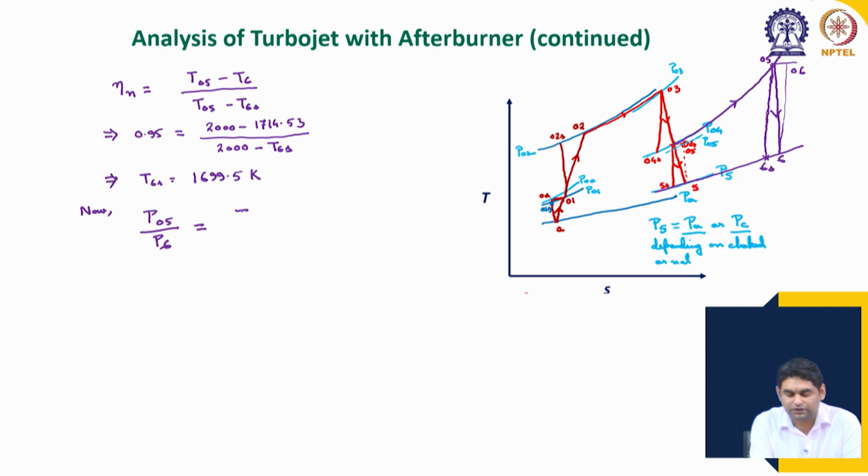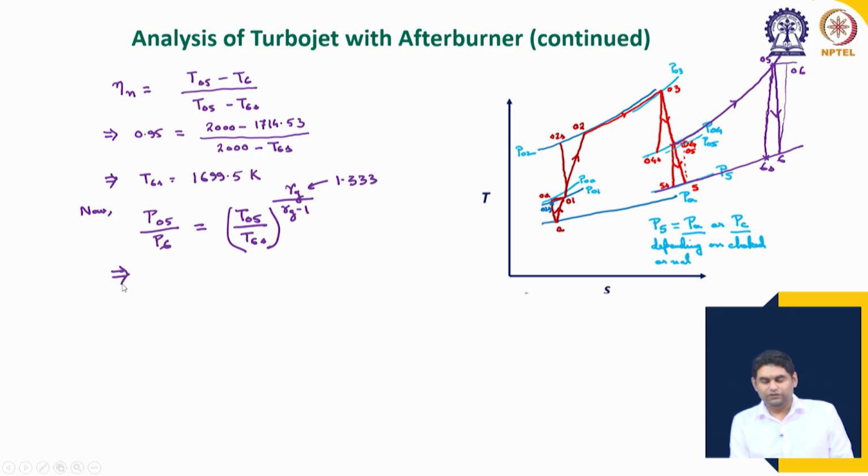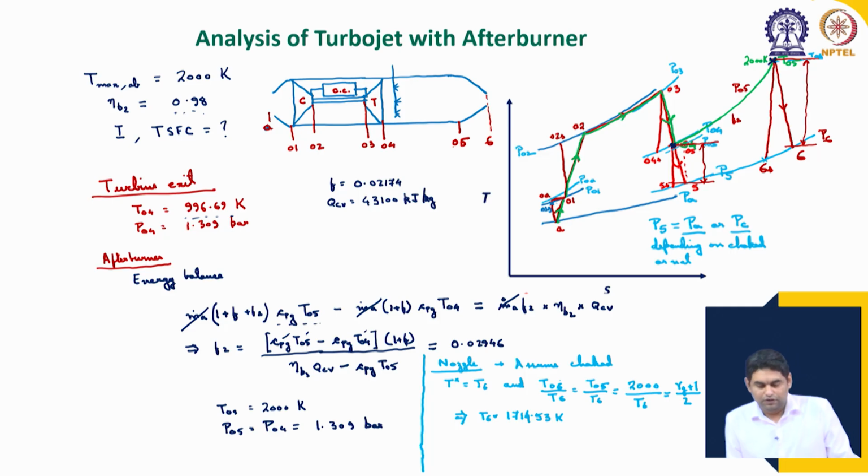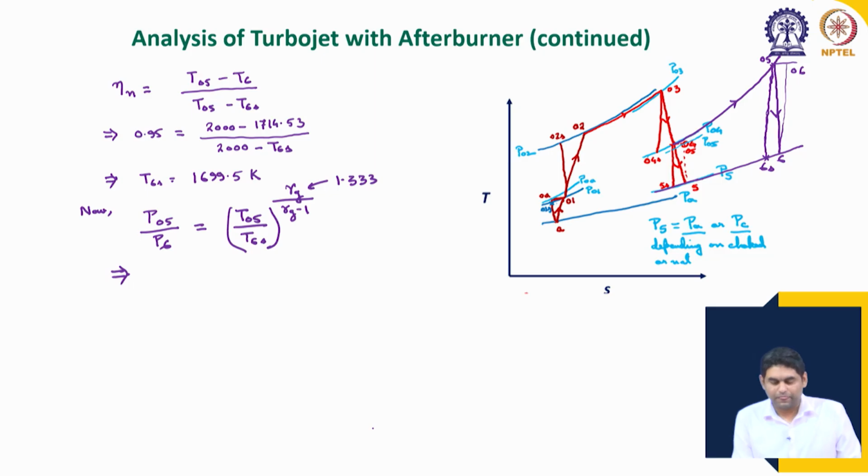So, P05 by P6 is T05 by T6s whole to the power gamma g by gamma g minus 1, where gamma g is 1.333. P6 is unknown; P05 is known to us, as we have already seen that P05 equals P04, which is 1.309 bar, and T05 and T6s are also known. Finally, we get P6 to be 0.682 bar.